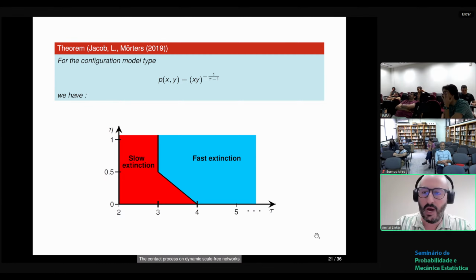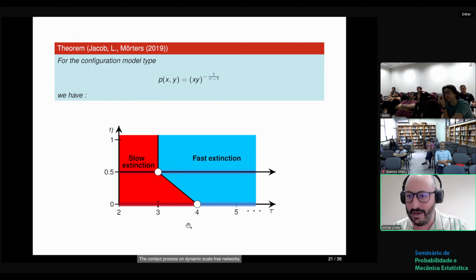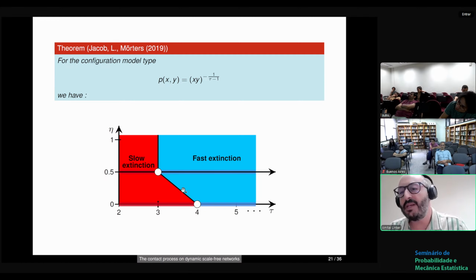If you localize the results for the mean field version and for the Jacob and Mörters version, you have this. Interestingly, when you reach eta equal 1/2, you are already seeing what happens in the mean field model, so you don't actually need eta very, very large to see the mean field behavior.